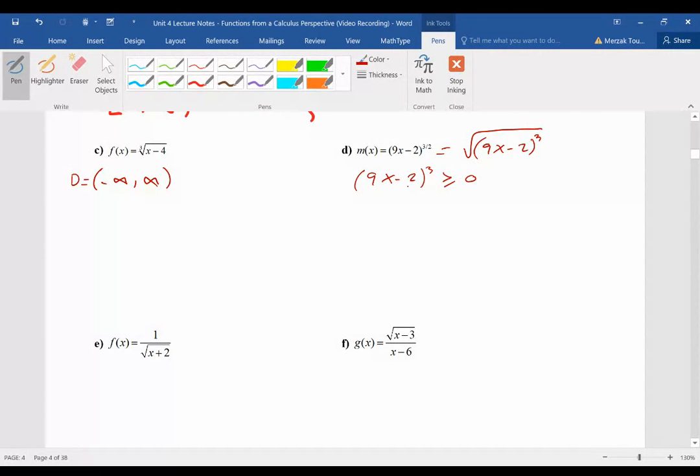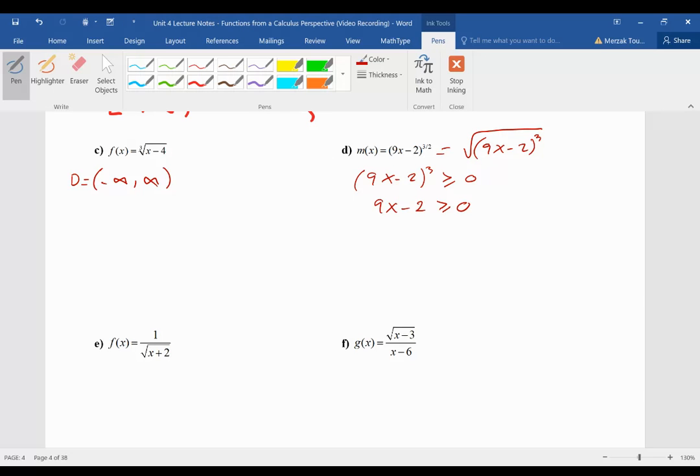So 9x minus 2, we want it to be either positive or 0. If it's positive, the cube of a positive is positive. If it's 0, the cube of 0 is 0. So we only need to solve for 9x minus 2. Or you can look at it in a different way. You can take the cube root of both sides. On the left side, it would be 9x minus 2.